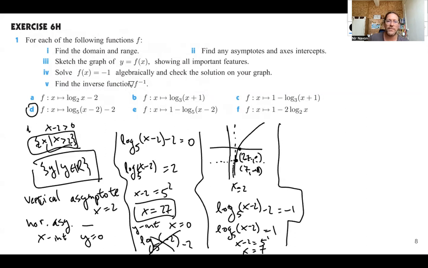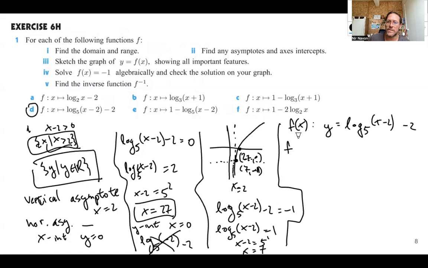Now find the inverse function, f inverse. Then f of x would be y equals log base 5 of x minus 2.